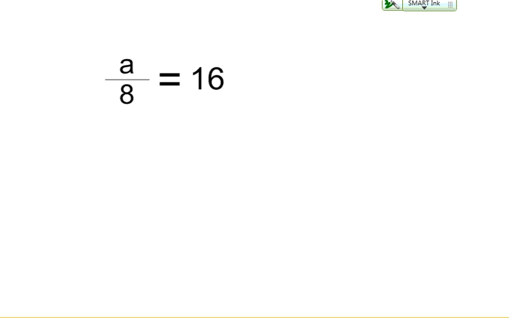In this case, we have A, a sign, and 8. First of all, what does this sign mean? That's a fraction bar, but it can also be called a division line. So if we were to rewrite this, we would say A divided by 8 equals 16.